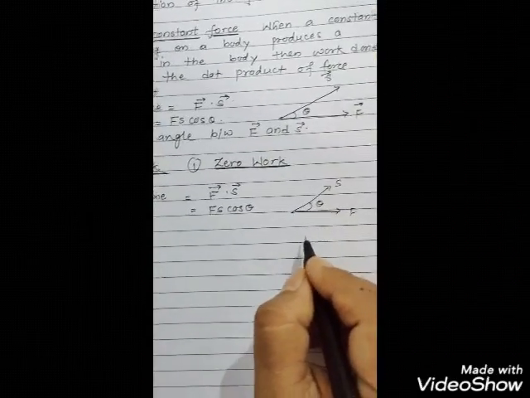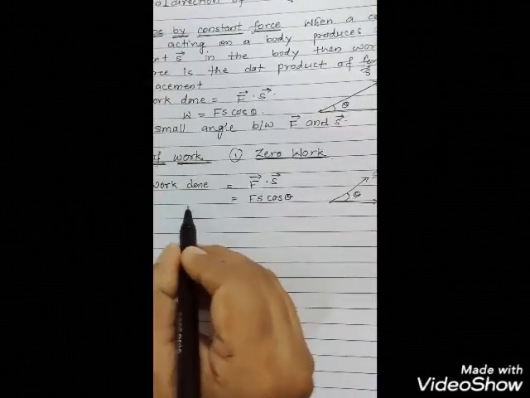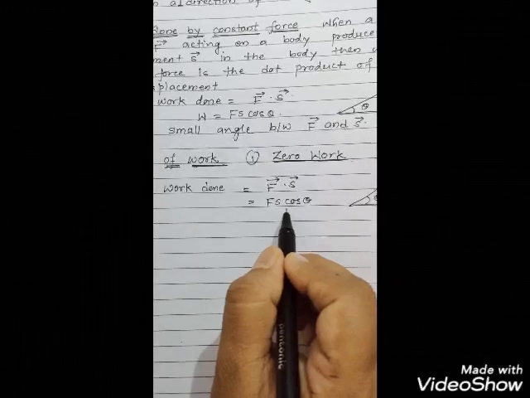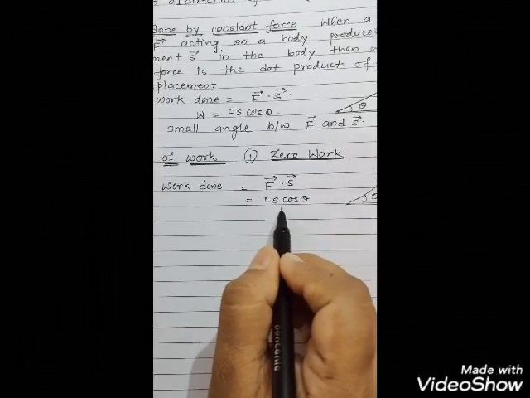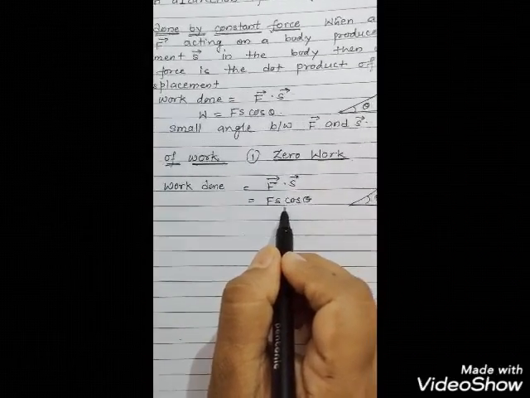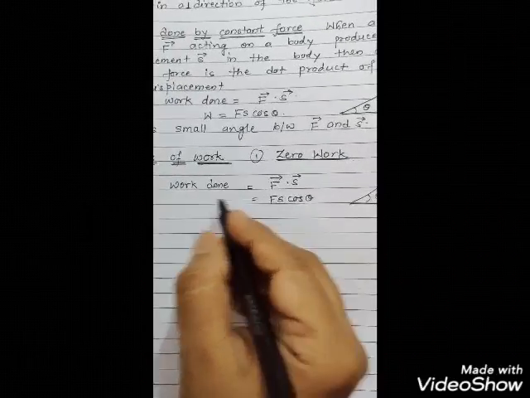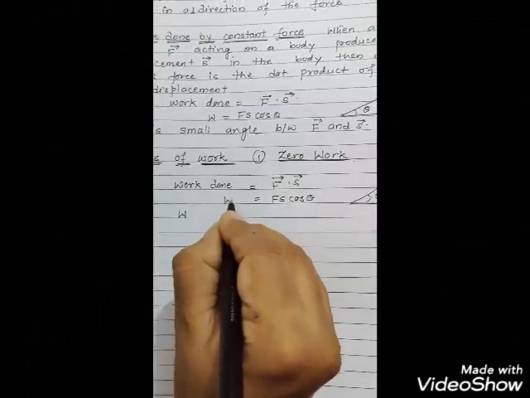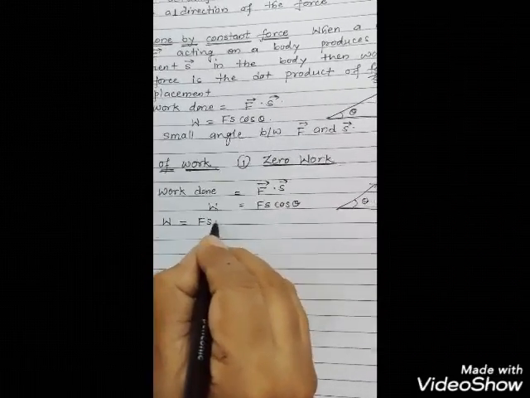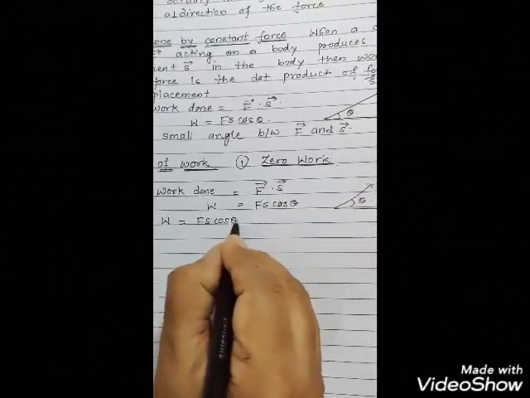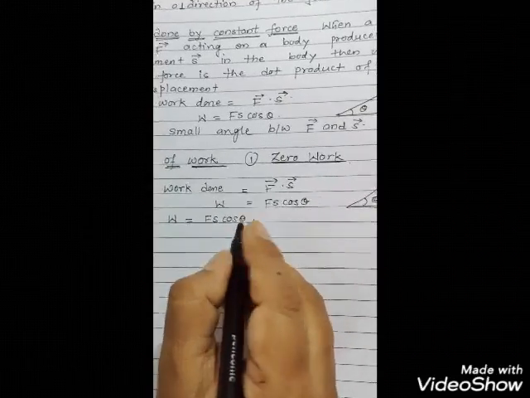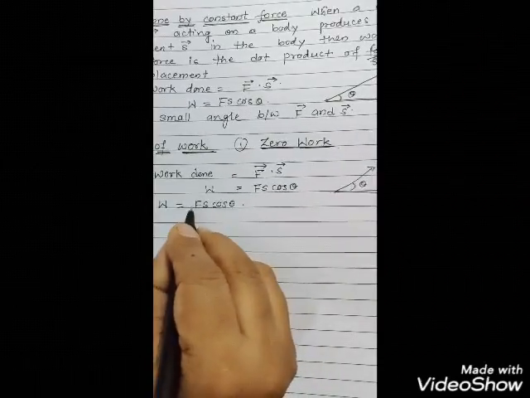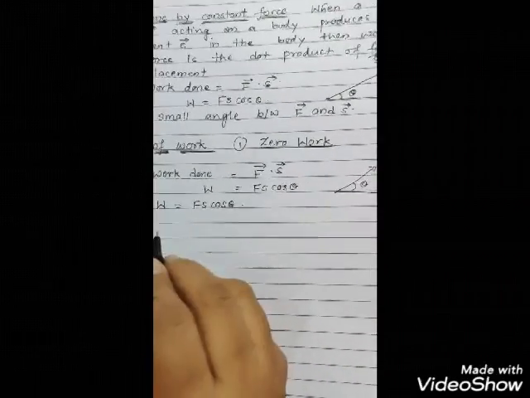If the result of Fs cos theta is 0, the work is said to be 0. How is it possible? Because work done is Fs cos theta, there are three conditions in which the product becomes 0.